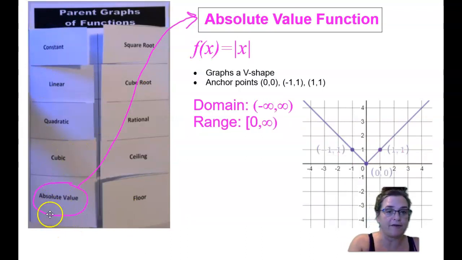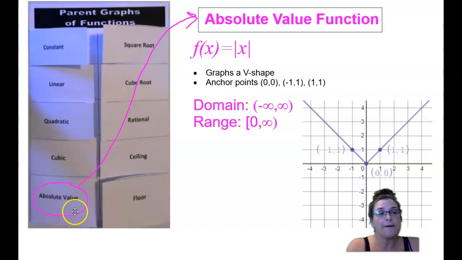Okay, so that brings us out of the polynomial parent graphs, and we're going to take a look at the absolute value function's parent graph. If you recall, the absolute value of a number, you put in the number, you get out the positive distance to 0 on the number line. And because all of the outputs have to be positive, there is nothing in the negative y-axis here.